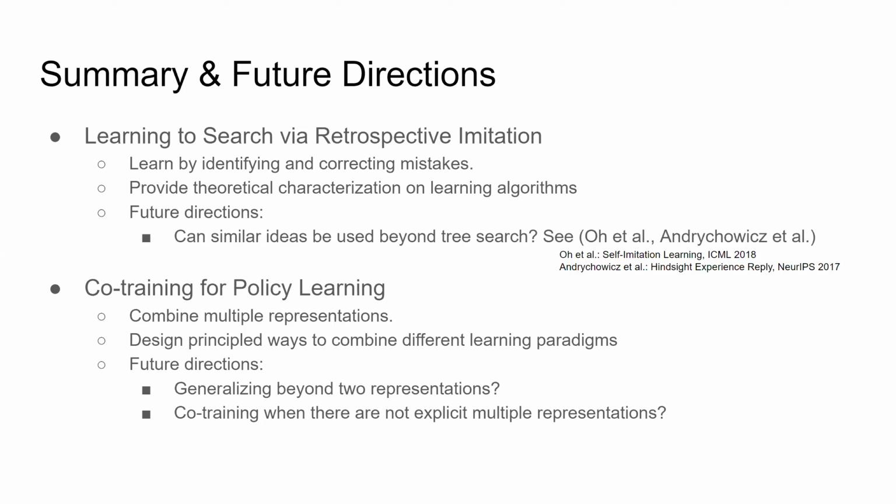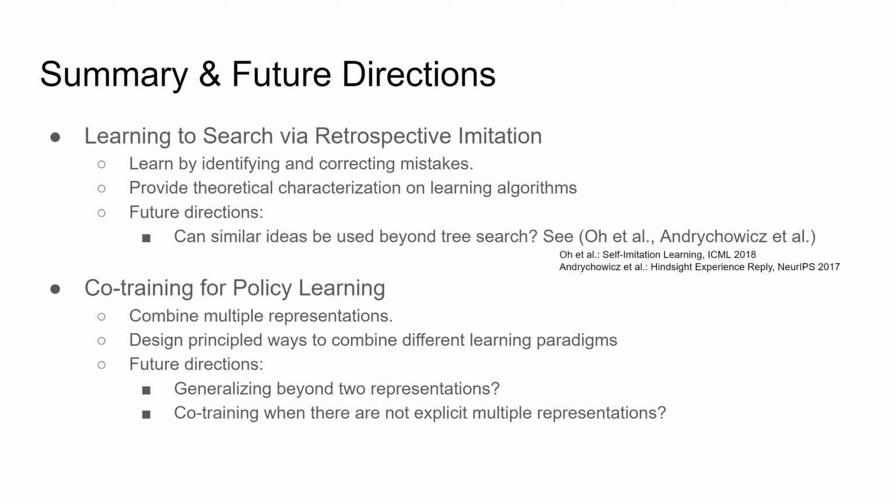So I think there's an interesting question in terms of generalizing this idea, dropping this requirement for different representations and thinking more at the algorithmic level. Is there a version of co-training not contingent on representation, but contingent on different algorithms?